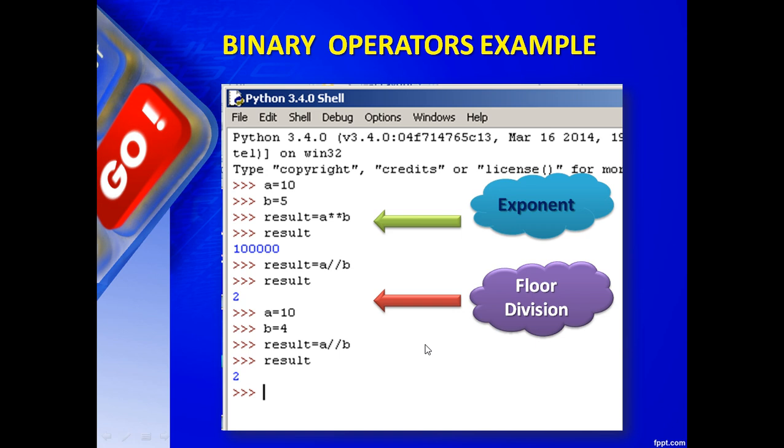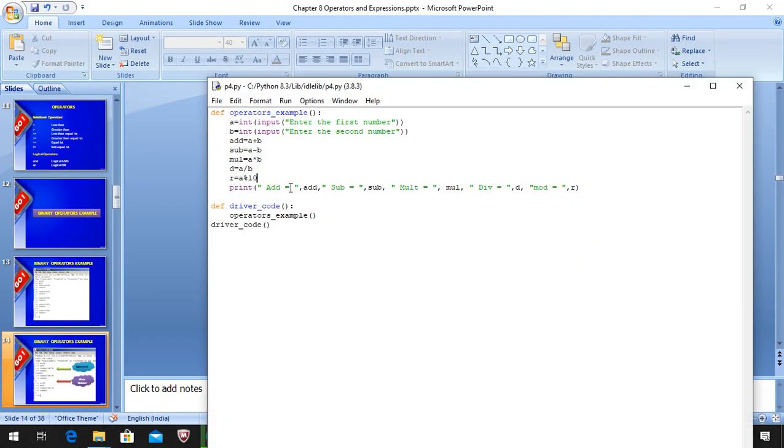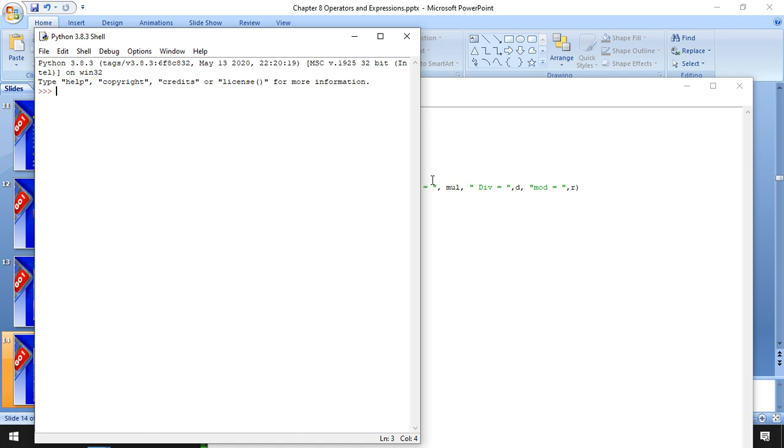Execute and check it. Say for example, I'll open the shell and execute. Supposing you want to find 2 raised to power 3, so I say x equals 2 double star 3, and x is 8. So this is how exponential form can be presented.